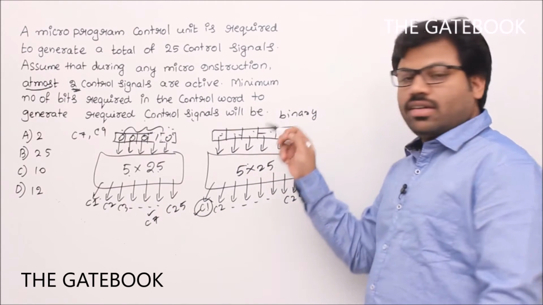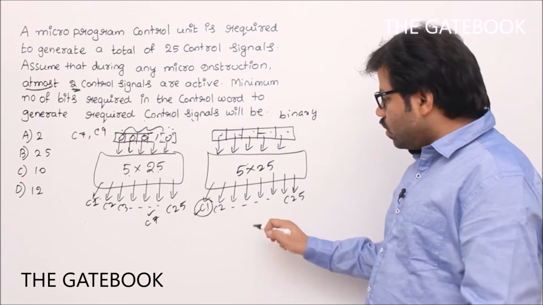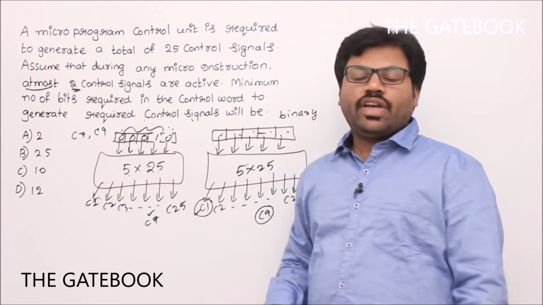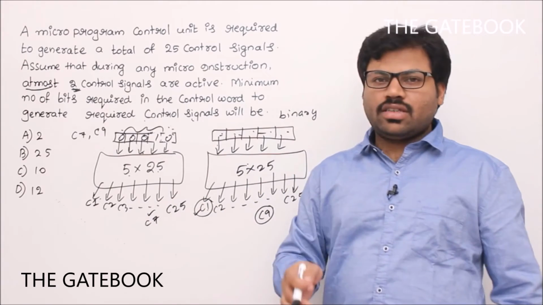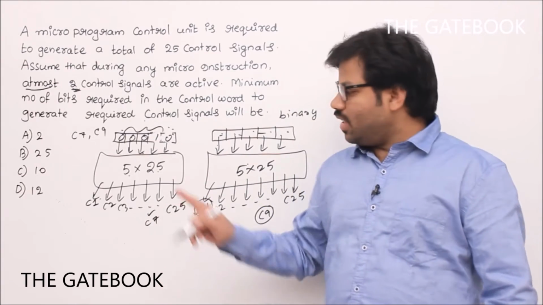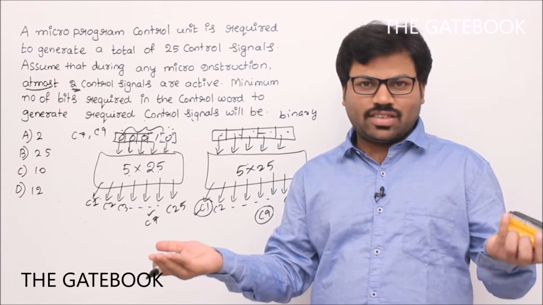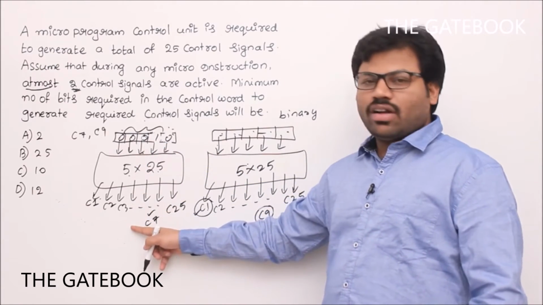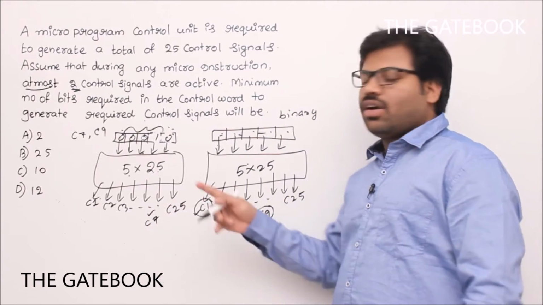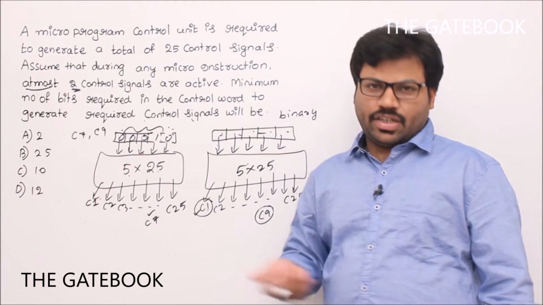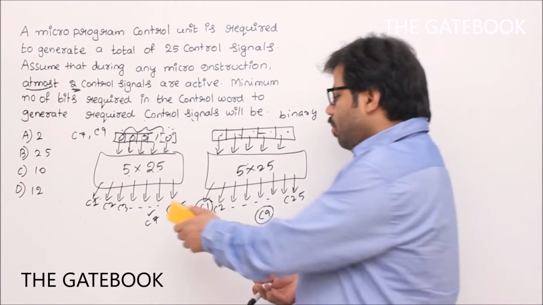Plan a pattern so that C9 will be enabled here. In that way, using these two, we can generate at most 2 control signals. And one more thing, this circuitry can generate at most 2 control signals, because here you are getting only one control signal active, and here only one control signal. So finally, exactly 2 control signals will be active, correct? That is what we can plan.